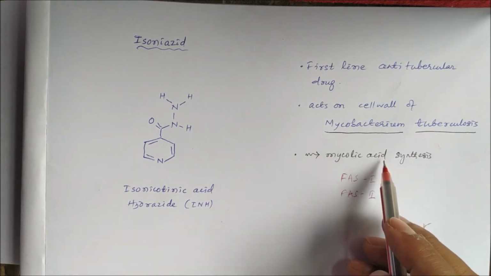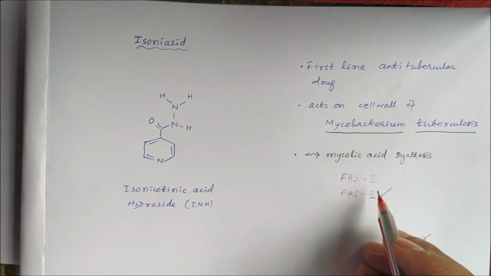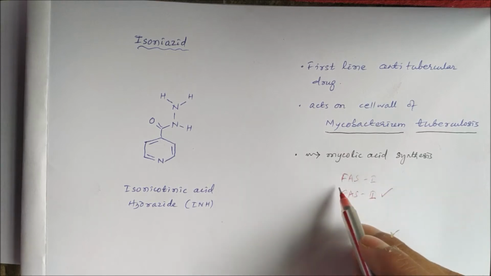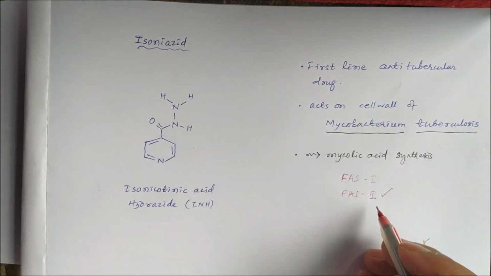Mycolic acid is a fatty acid, so these are the fatty acid synthase group of enzymes. FAS1 is there and FAS2 is there, and isoniazid inhibits FAS2.